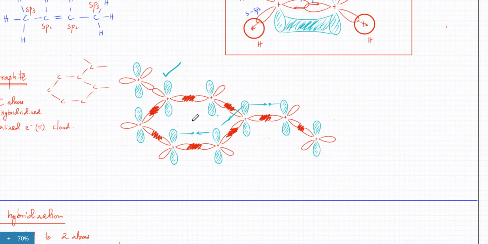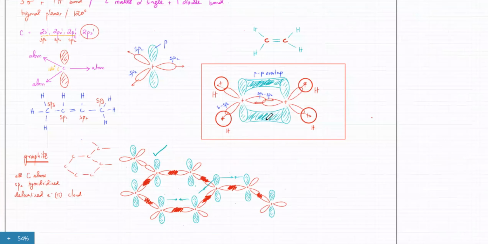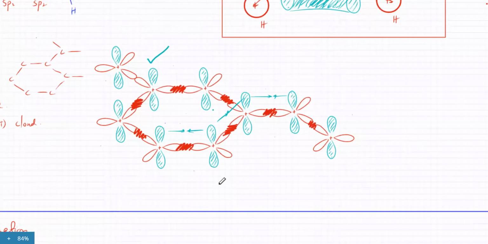So sir, does that mean a pi bond doesn't always have delocalized electrons? Right, in an ethene molecule the electrons are not delocalized; they are here and here, they aren't going anywhere else. Yes sir. But in graphite, that is where you will have delocalized electrons, because this orbital can overlap with this orbital over here, and this orbital can also overlap with this one. So you don't know where they are. You don't know whether the overlapping is happening over here or over here. Is that clear? Yes sir.